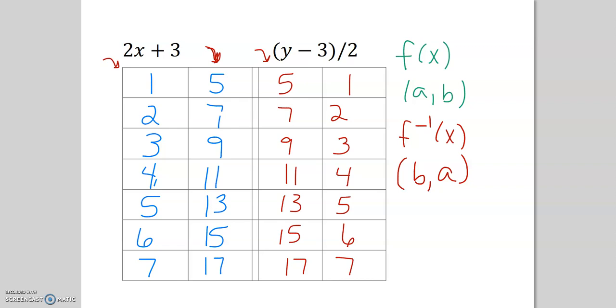If you had two tables, you could look at them and see, are the x and y's just switched? If they are, then they're inverses of each other. If you want to just find the inverse, all you do is take the x and y from the one table, swap them, and you get the other one.